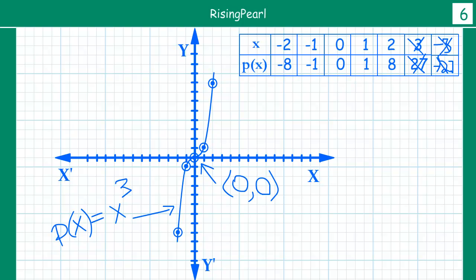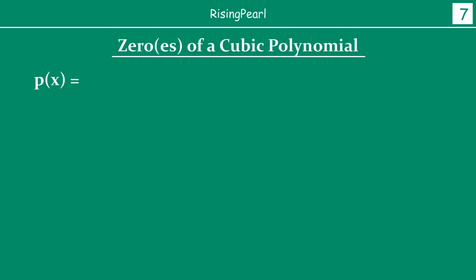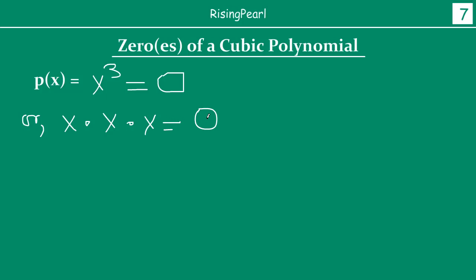So now let's go back and find the zeros of this cubic polynomial x cubed. By equating x cubed to 0, we have x times x times x equal to 0. If you take a positive number and multiply it by itself 3 times, you will not get 0.